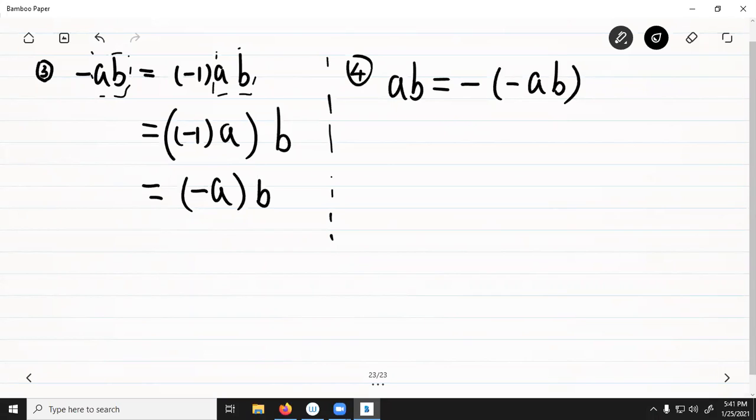This step is from the first result. Then we can use the third result. The third result is this one, right? Negative AB equals negative A times B. So this would be negative A times B.